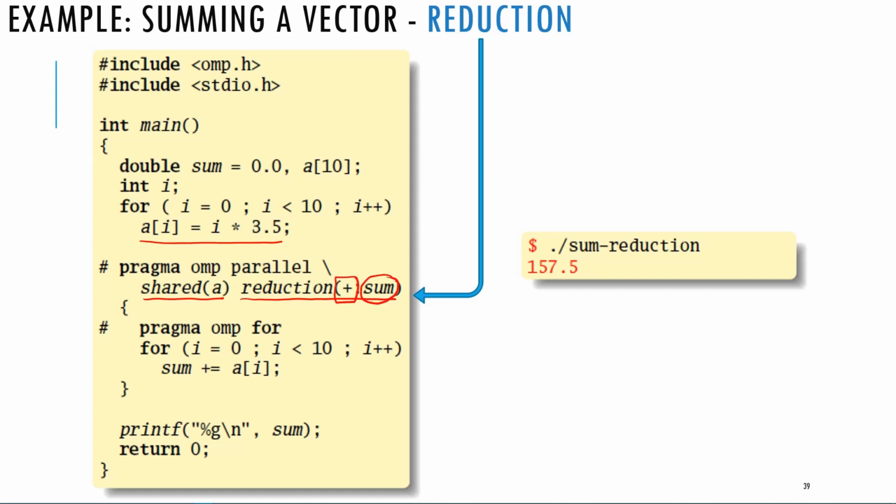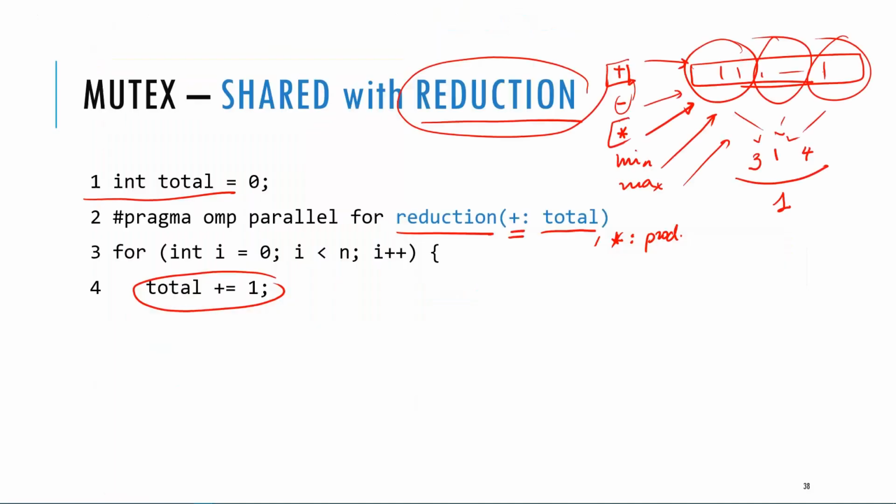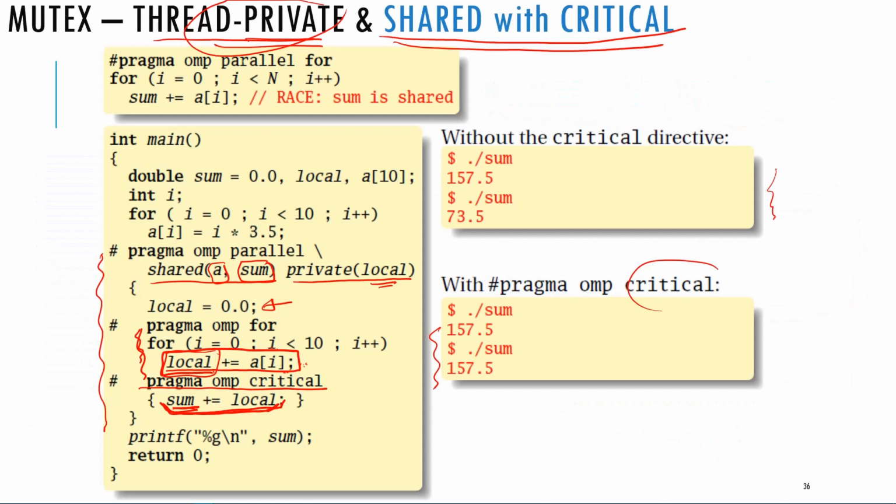In this case, the code is much cleaner than using local variables for the partial sums, and then making sure that we have a critical or an atomic section for the final sum calculation. So you can compare it to this one, and you would see how much we simplify the code.